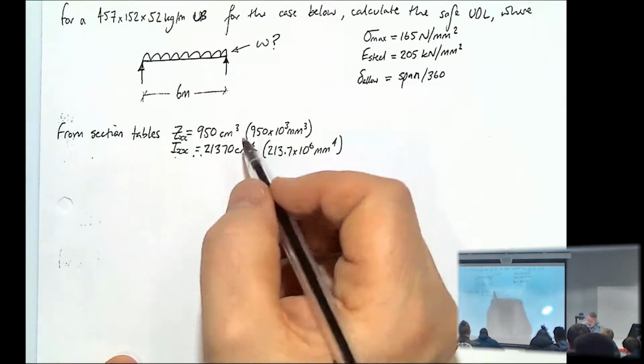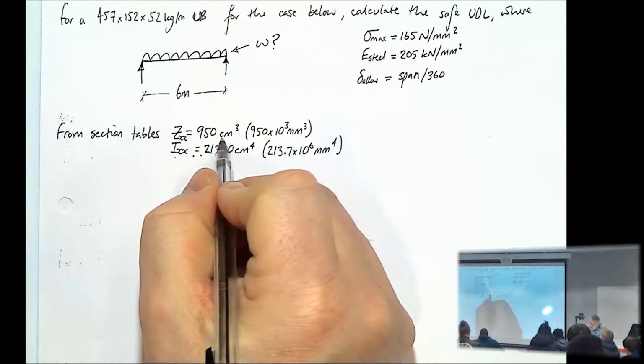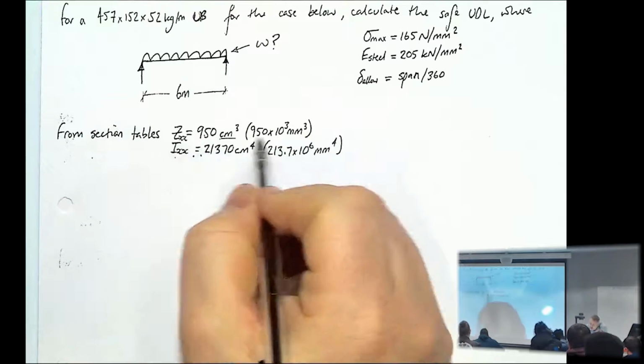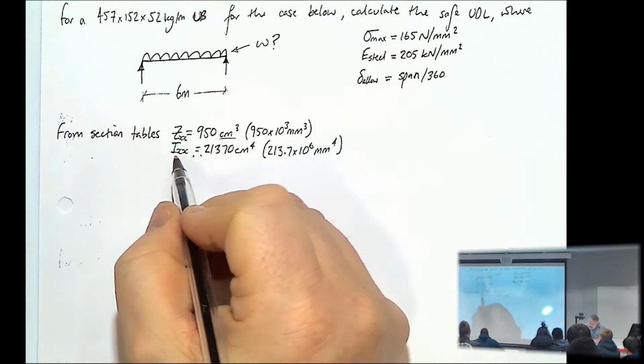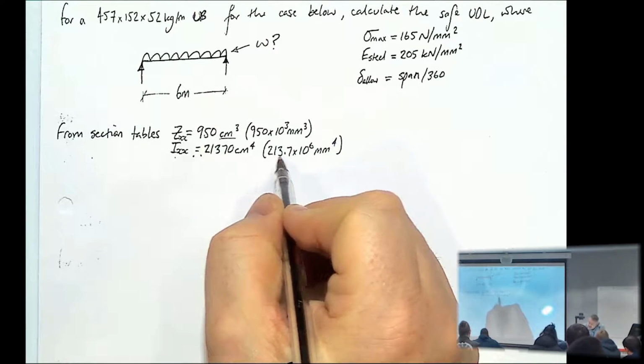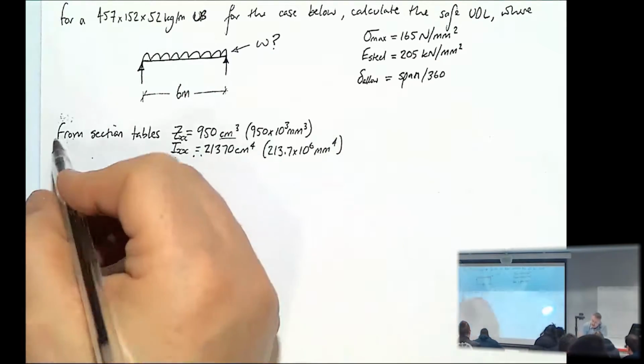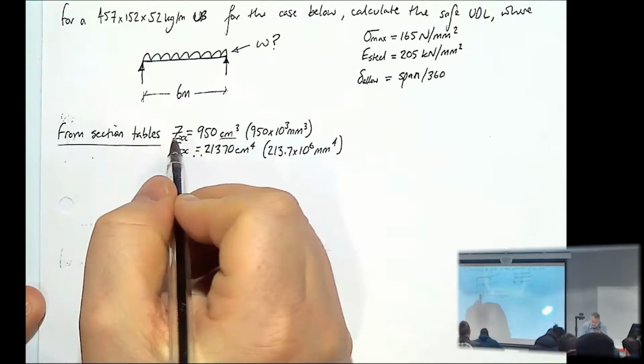Within the tables, it usually gives you everything in centimetres, so I've put everything in millimetres here. So our Z is millimetres cubed, and our I value is millimetres to the 4. That's from the section tables.